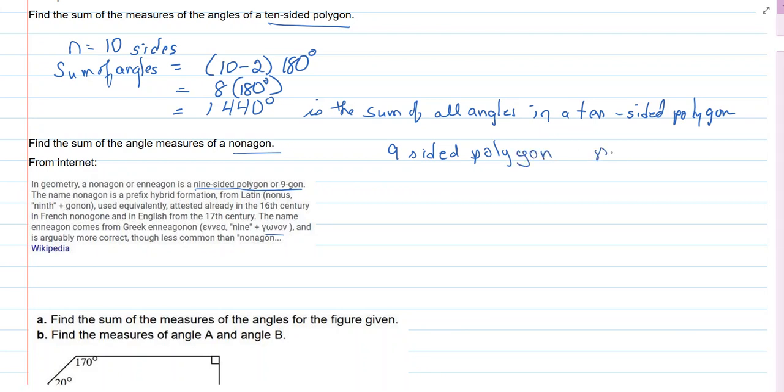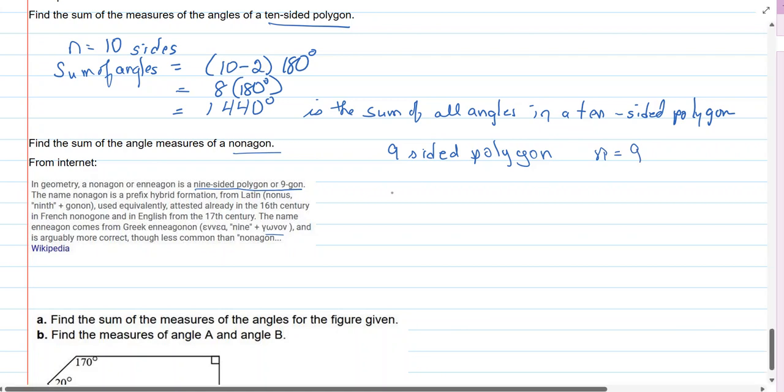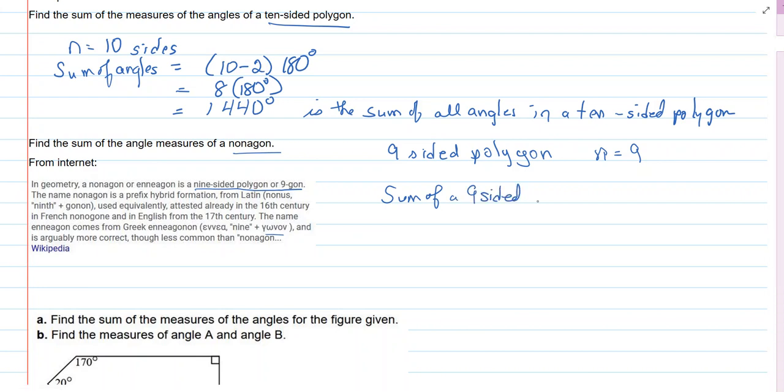So we know that n equals 9. So we want the measure of the sum of the angles. So we're going to say 9 minus 2 times the 180 degrees.